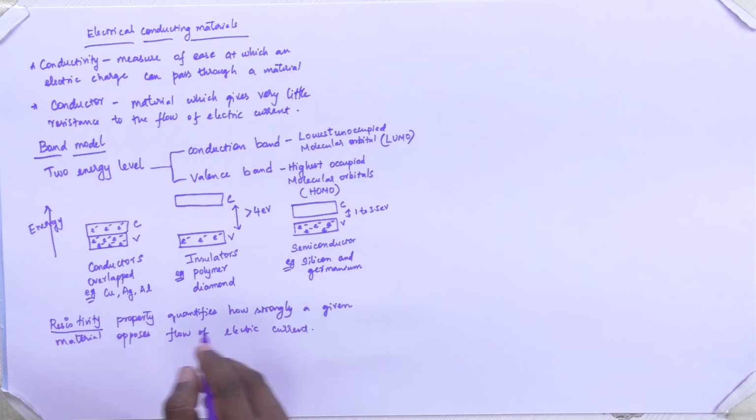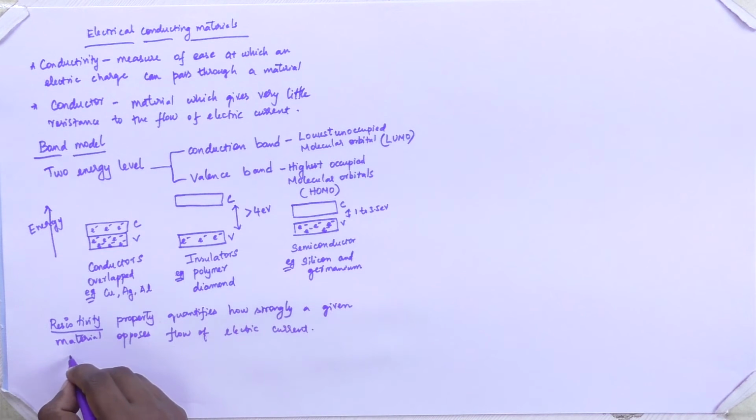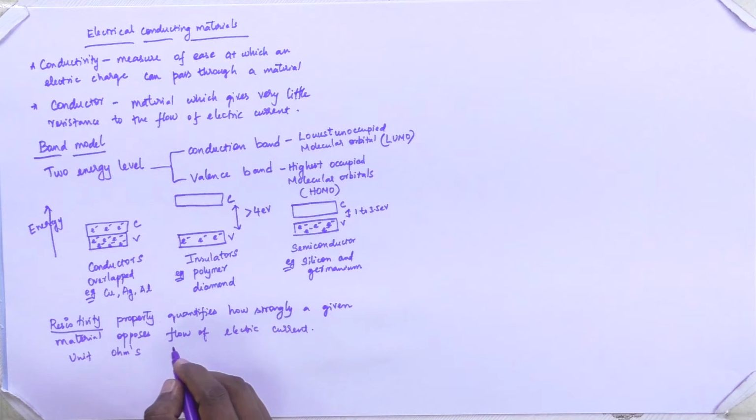The unit of resistivity is ohm meter. So ohm meter is the resistivity unit.